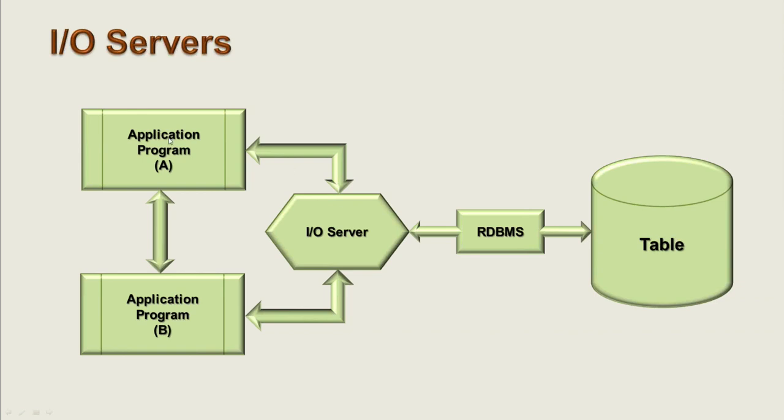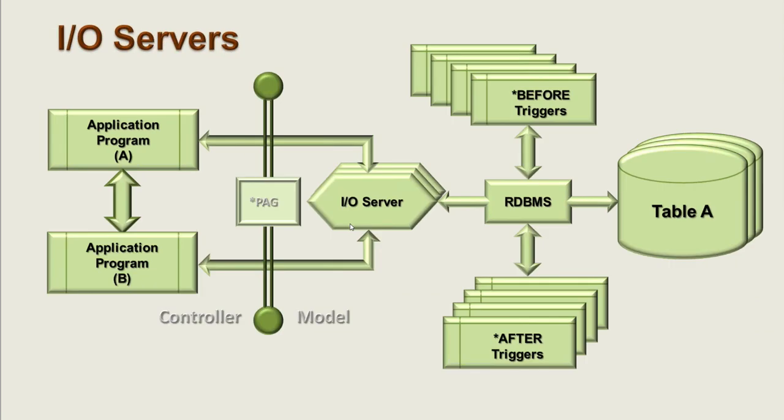So application program A will pass the request for whatever it wants to the I/O server, who will then check to see whether the file is open. If not, it'll open the file, it'll pass the request through RDBMS to the table, it will receive the response.